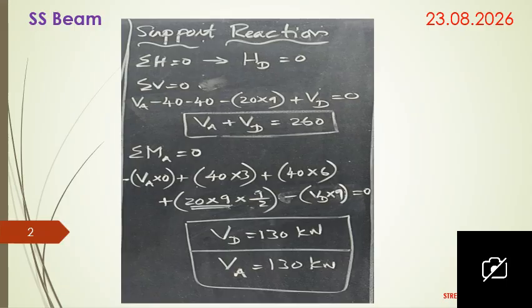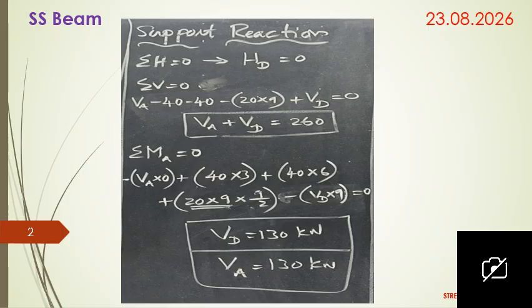The 40 kilonewton point load is acting 3 meter away from point A, and another 40 kilonewton point load is acting 6 meter from point A. The uniformly distributed load of 20 into 9 is acting at 4.5 meter, that is 9/2, from point A, and the other support reaction VD is acting 9 meter from point A.